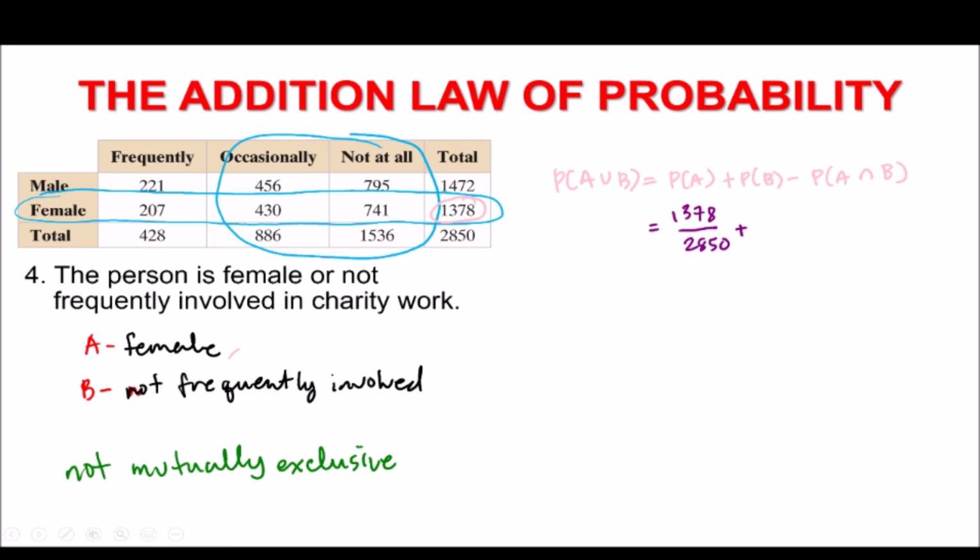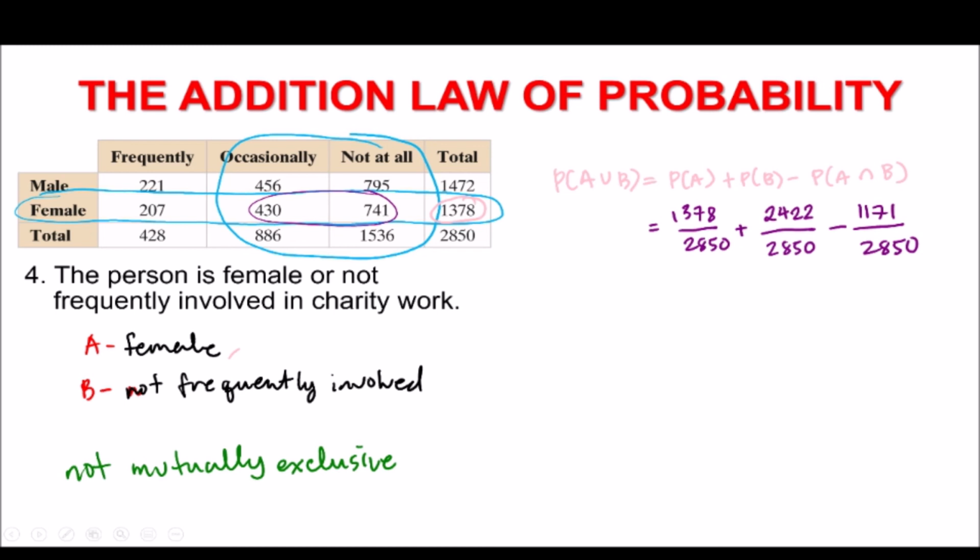The probability that the person is not frequently involved is given by 2,422 all over 2,850, minus the probability that the person is female and not frequently involved, which is 1,171 over 2,850.